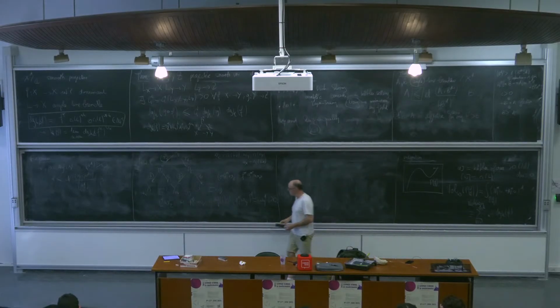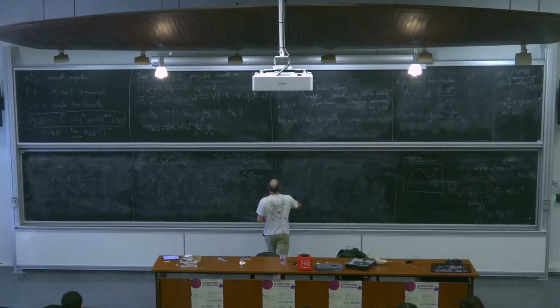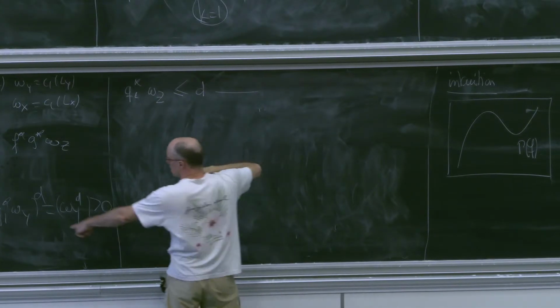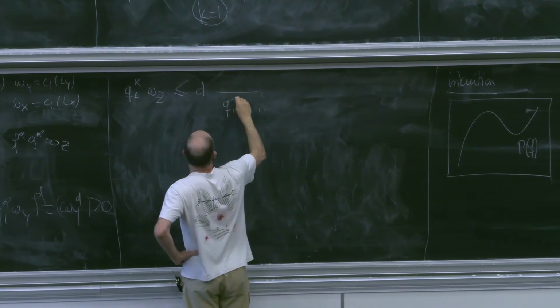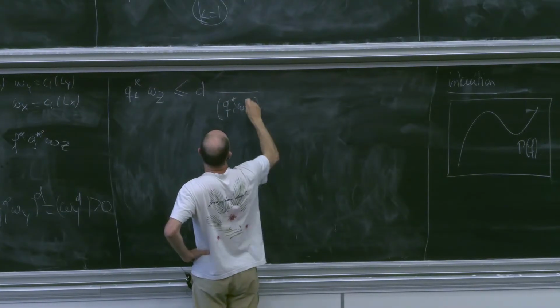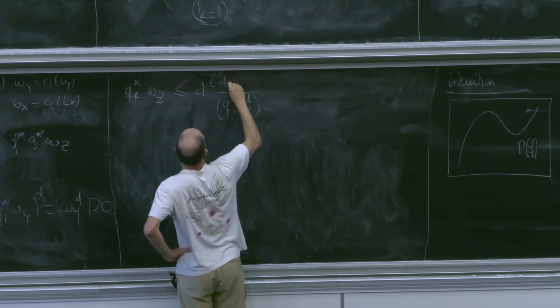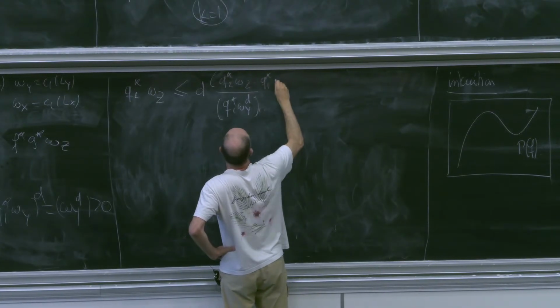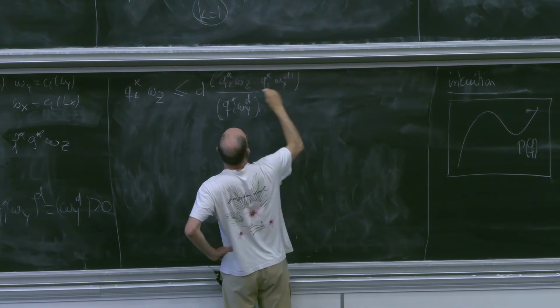Okay. So now what you get is Q2 star omega z is less than or equal to d times, below, Q1 star omega y to the d, and upstairs Q2 star omega z dot Q1 star omega y to the d minus 1.